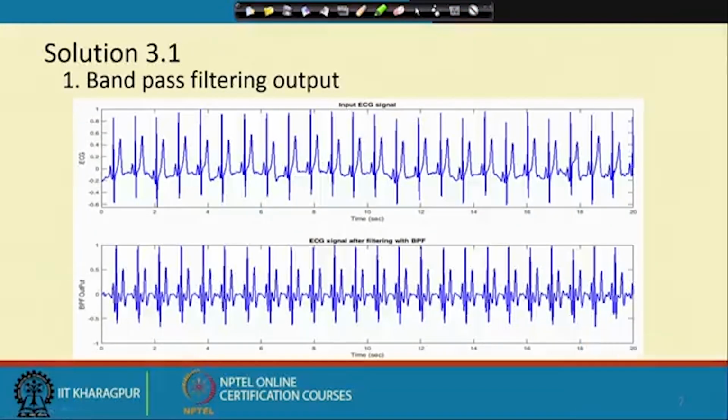Here, at the top, we are getting the signal ECG 3, and below we get the band pass filter output.